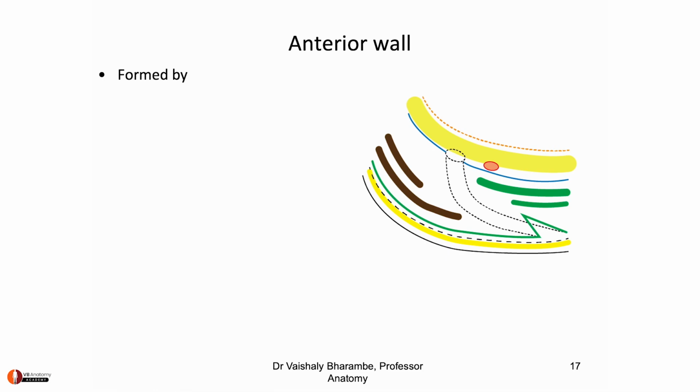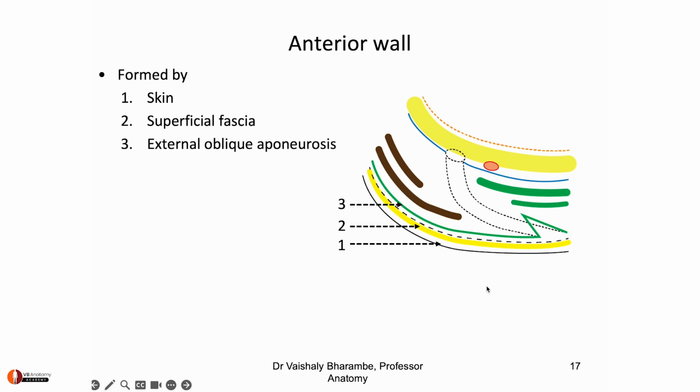Got it? Okay. Now, question is, what are the structures which are forming the anterior wall of my inguinal canal? So, you can see the structures. The anterior most is skin. Next is superficial fascia. Next is external oblique aponeurosis with a gap in it called superficial inguinal ring. And deep to that is a little bit of internal oblique muscle.